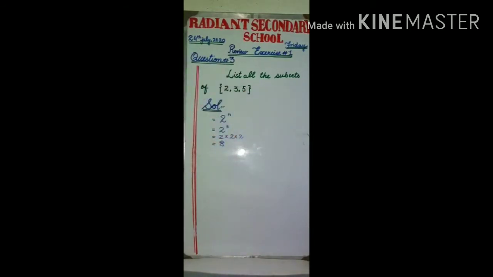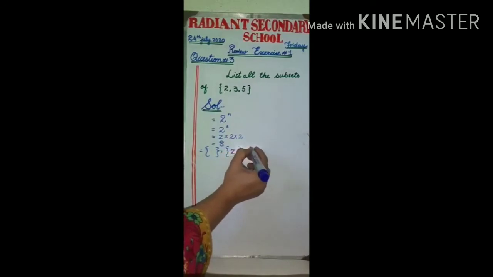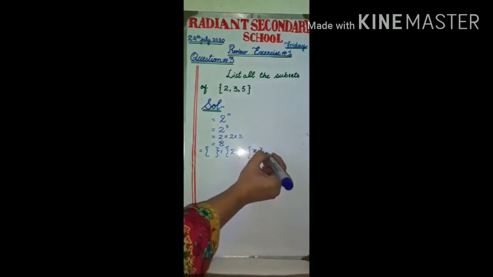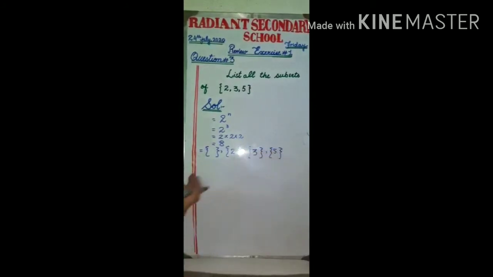Now in the solution, you have to make the first set, which will be the empty set. The second set is the first element, 2. The third set is 3, then 5. These sets are the subsets of this set.